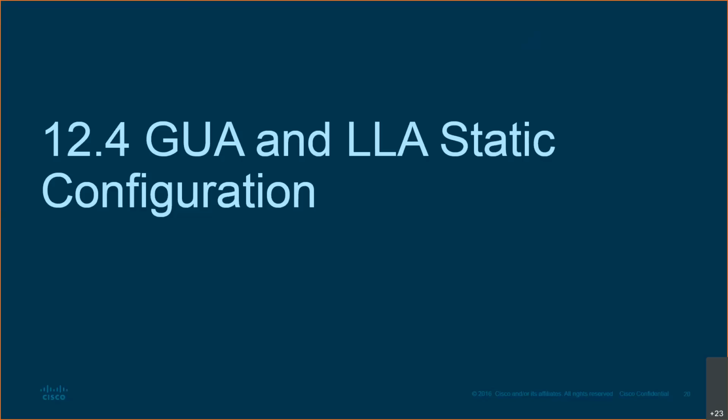Now, how do we give a global unicast address and link local address by using our routers or switches or our devices? How do we give an IP version 6 address, not automatically? How do we give a static address? How do we type it? Just like IP version 4, the same way.